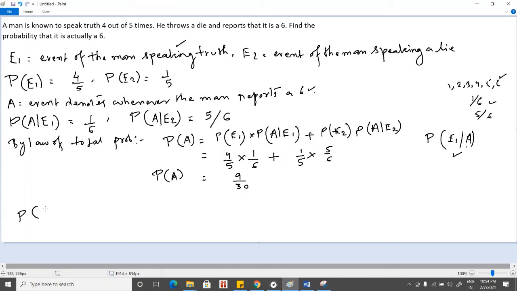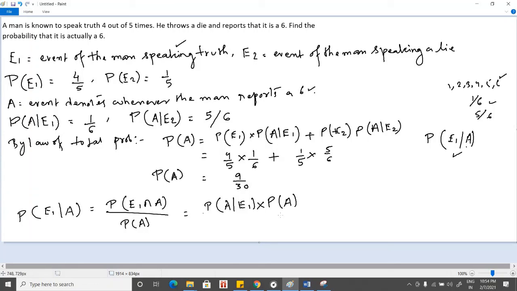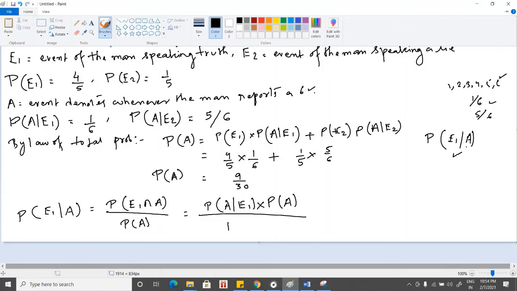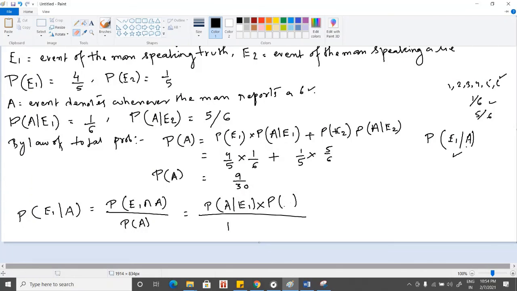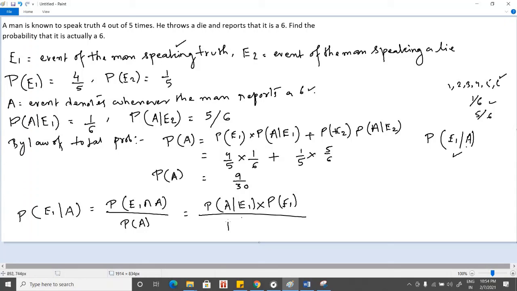We know that by the laws of conditional probability, it is P of E1 intersection A divided by P of A. We can also write this numerator as P of A, considering the hypothesis that E1 has occurred prior to it, into P of E1, whole divided by P of A. Now we have all the values, we just need to substitute.